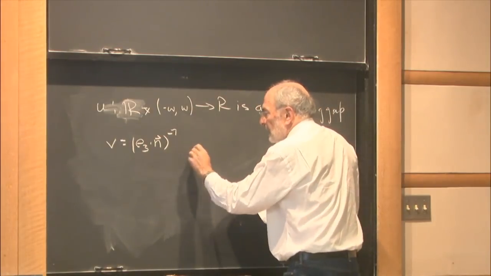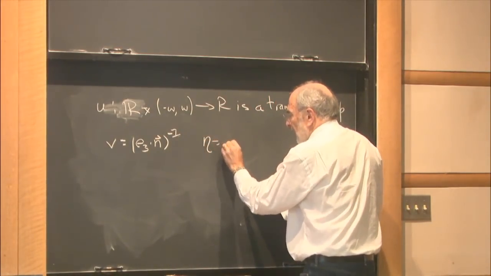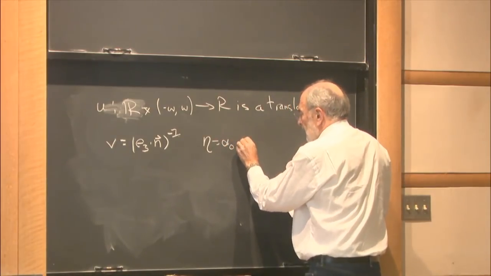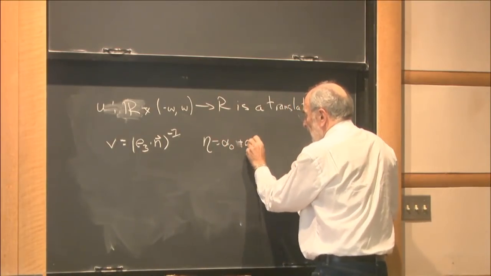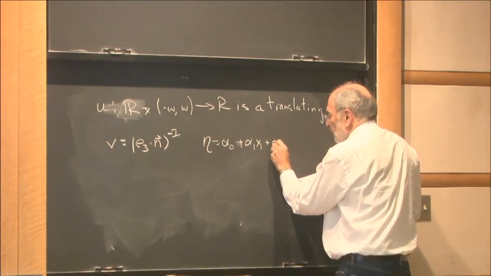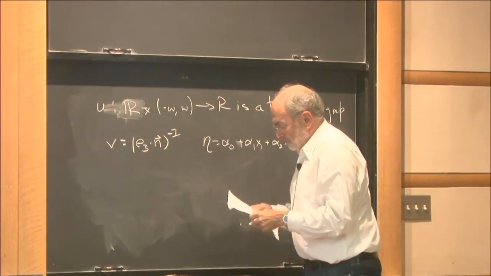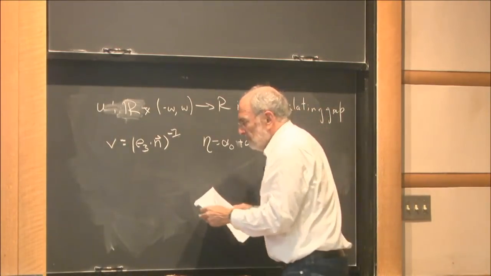And I'll take eta to just be a simple affine function, alpha 0 plus alpha 1 x1 plus alpha 2 x2. So it does not depend on the x3 direction.